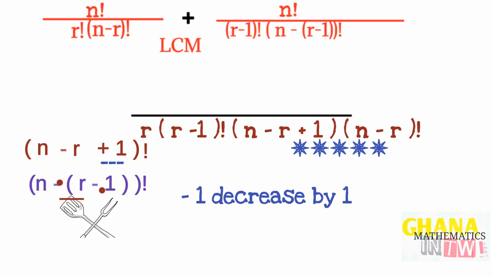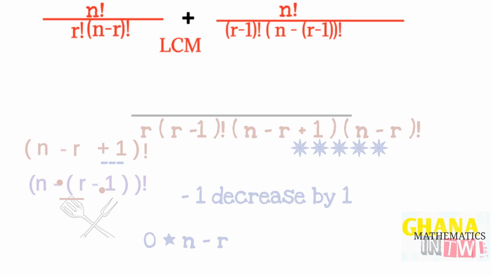Please, are you watching? So it will cancel out straight forward into n minus r, then n minus r minus 1, then n minus r minus 2, in that order, and also the factorial. But it is still multiplying. Please, do you understand? It is still multiplying.